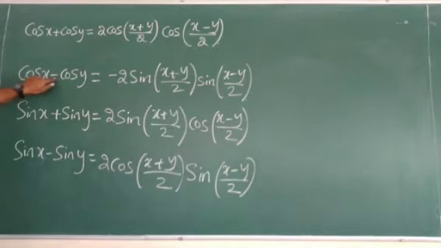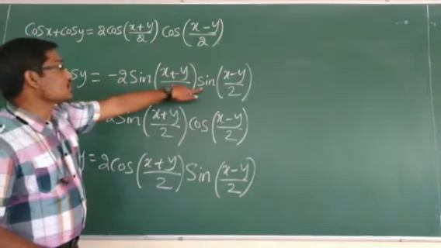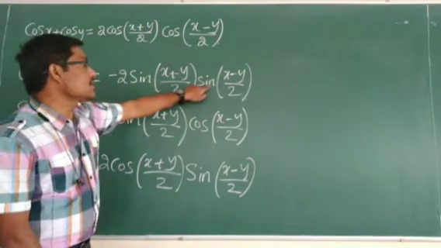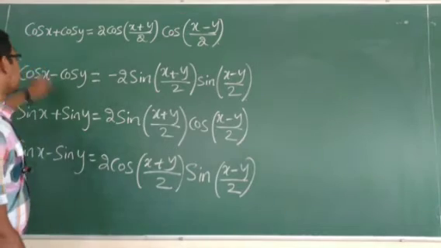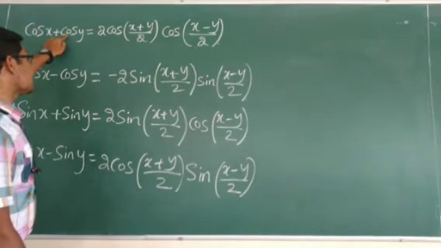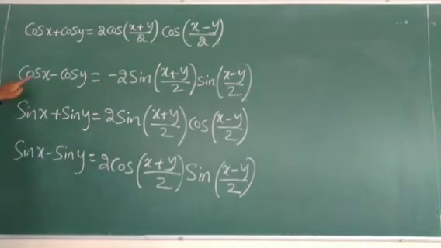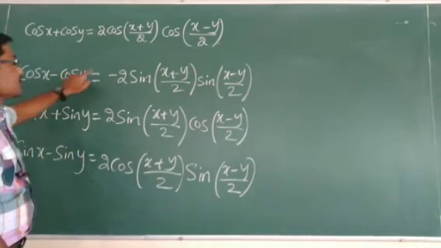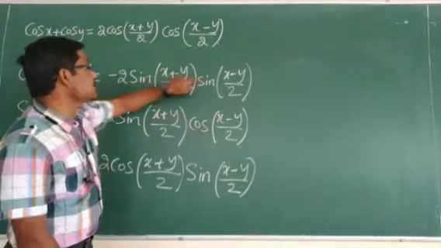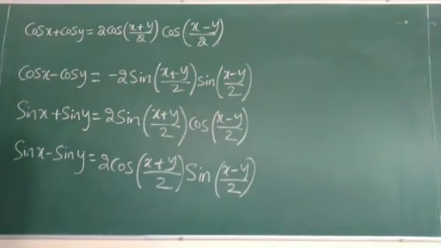When you have cos minus cos, here you have sin, here also it is sin. When it is cos plus cos, both are cos. When you have cos minus cos, both are sines.